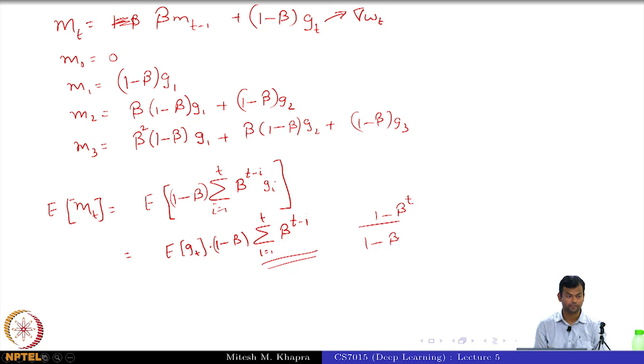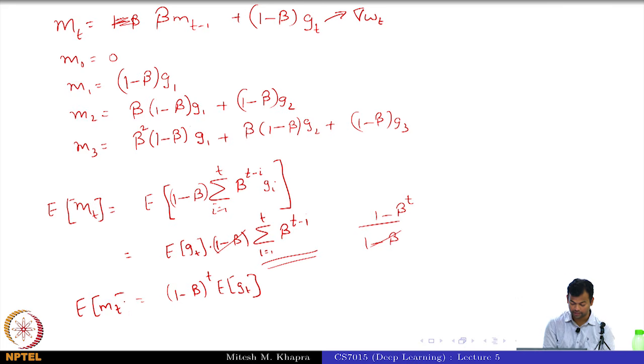Is that fine? So what will happen? This will get cancelled, and what you are left with is 1 minus beta raised to T into E of GT. So what is the relation that you have? E of MT is equal to 1 minus beta raised to T into E of GT.